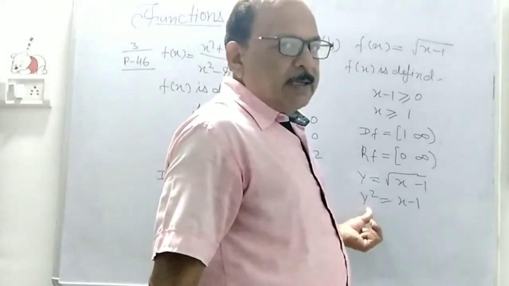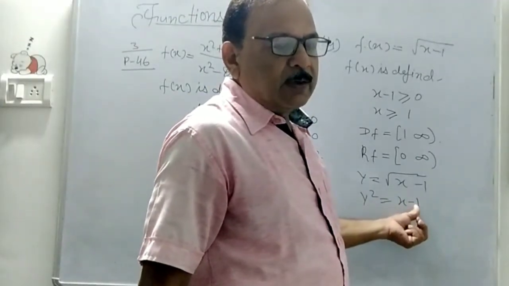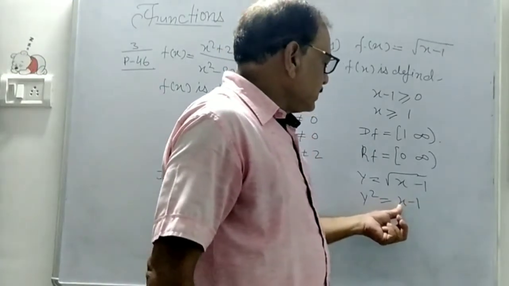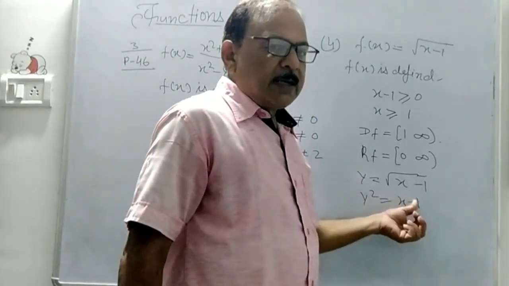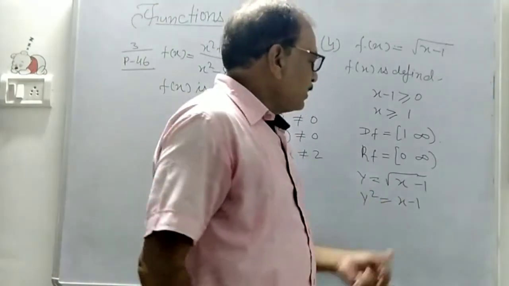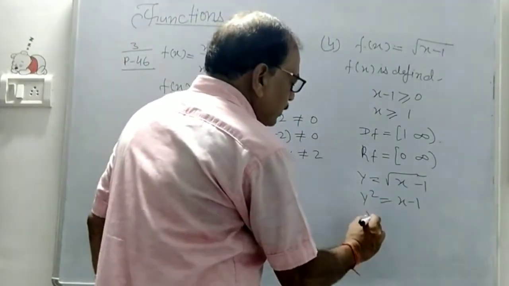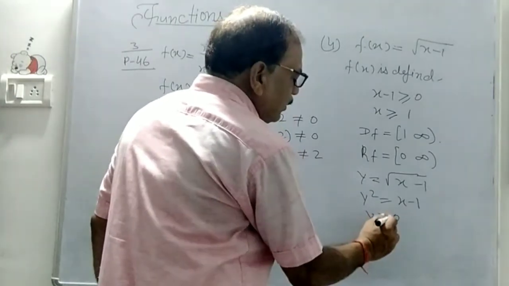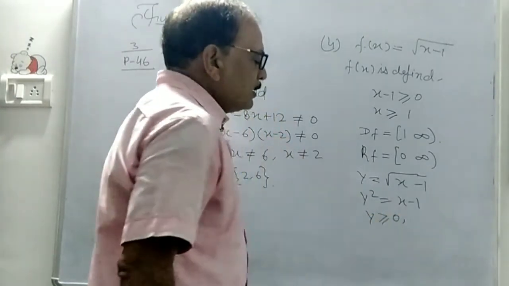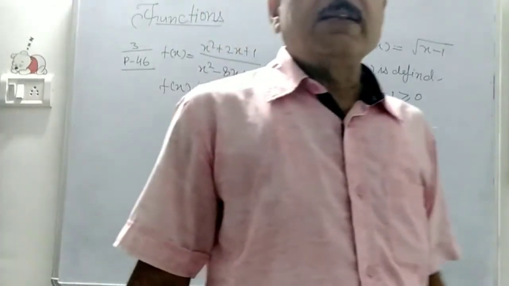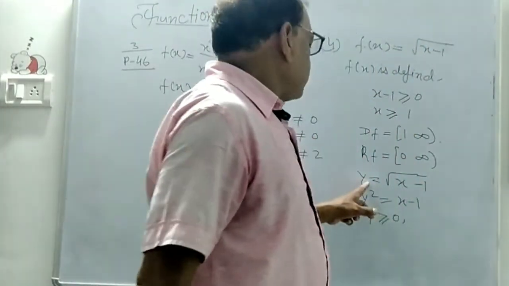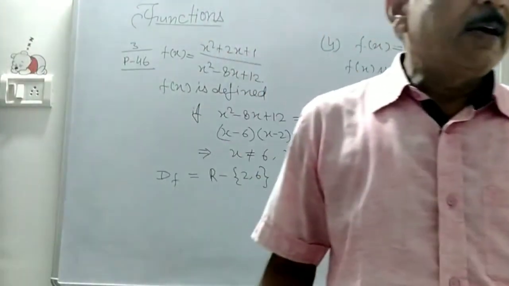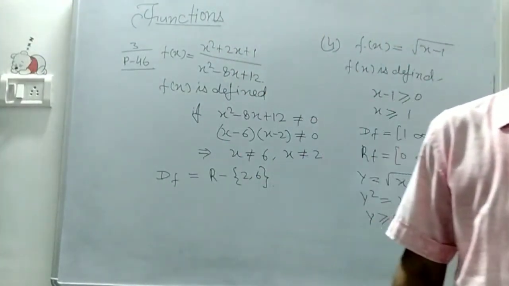The left hand side is always positive, and so the right hand side is always positive, so y is always greater than or equal to 0. So the range of this function is 0 to infinity. The range क्या होगा? 0 से infinity होगा.